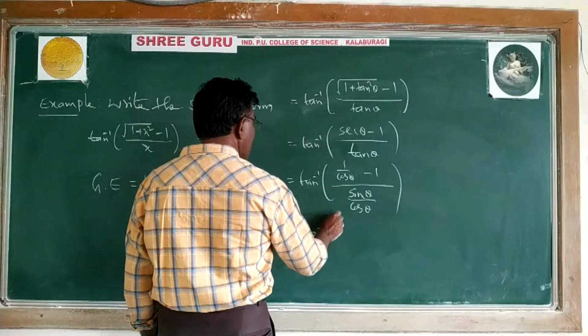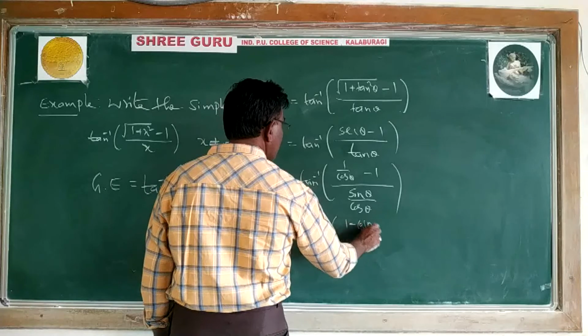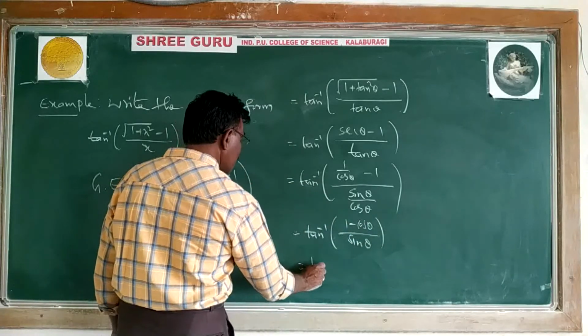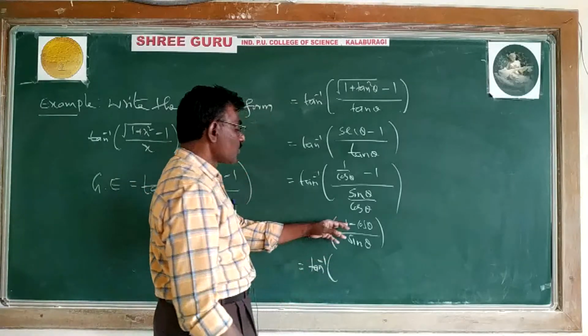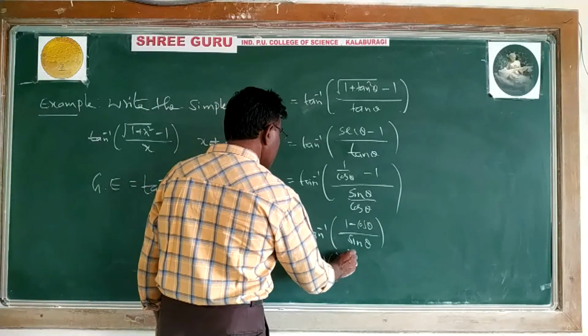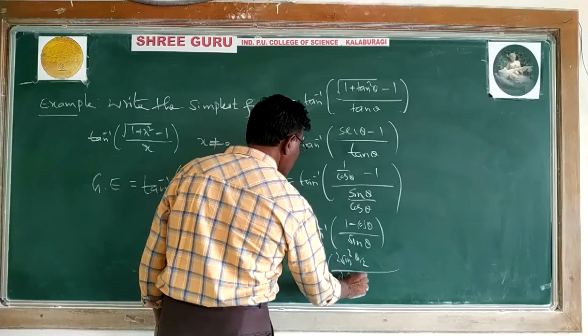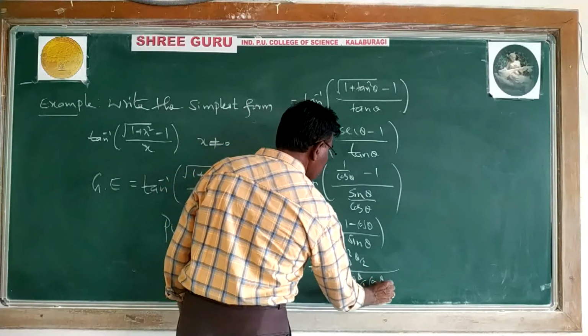Tan inverse of (1 minus cos theta) by sin theta, which is tan inverse of 2 sin square theta by 2 over 2 sin theta by 2 cos theta by 2.